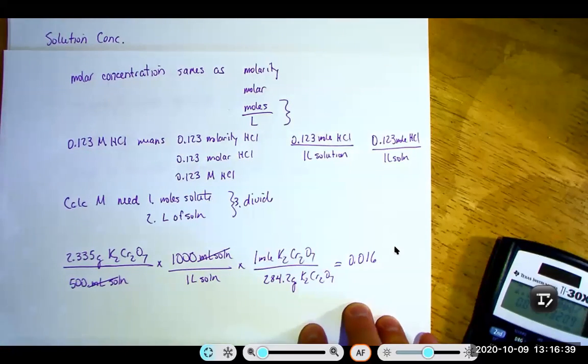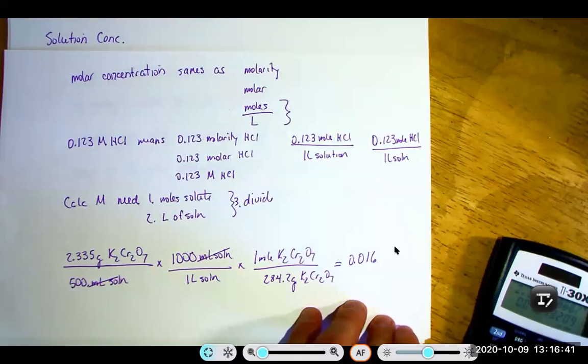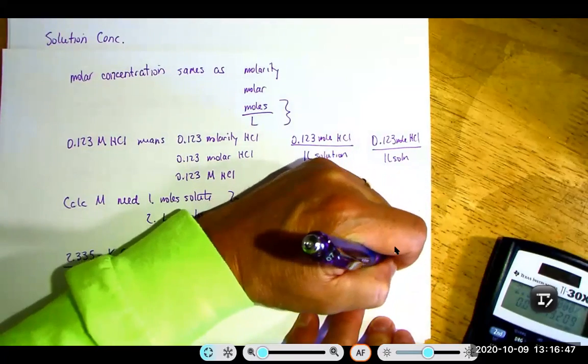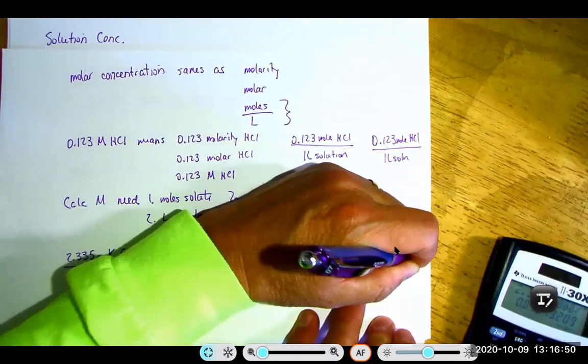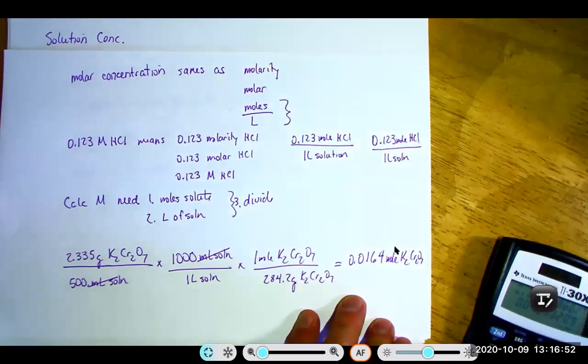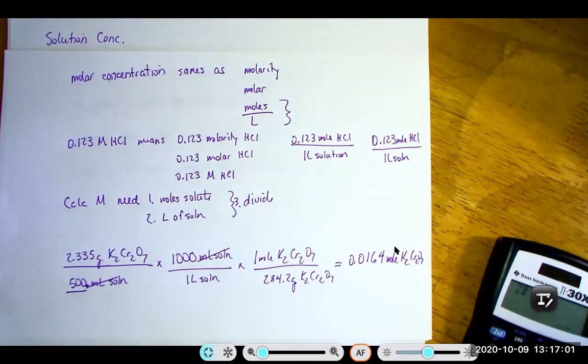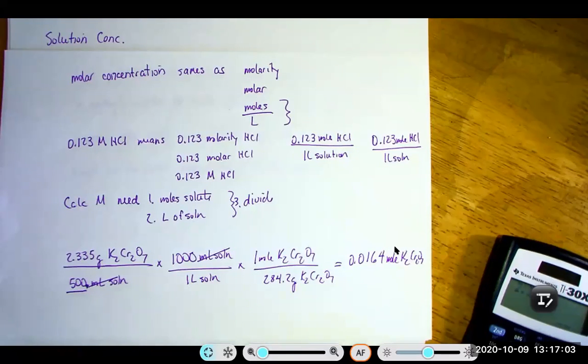I got 1 0 too many in there, apparently. Four mole of K2Cr2O7. Actually, this only has 3 significant figures. So I'm going to do my calculations again and make sure I got it right. Yep.